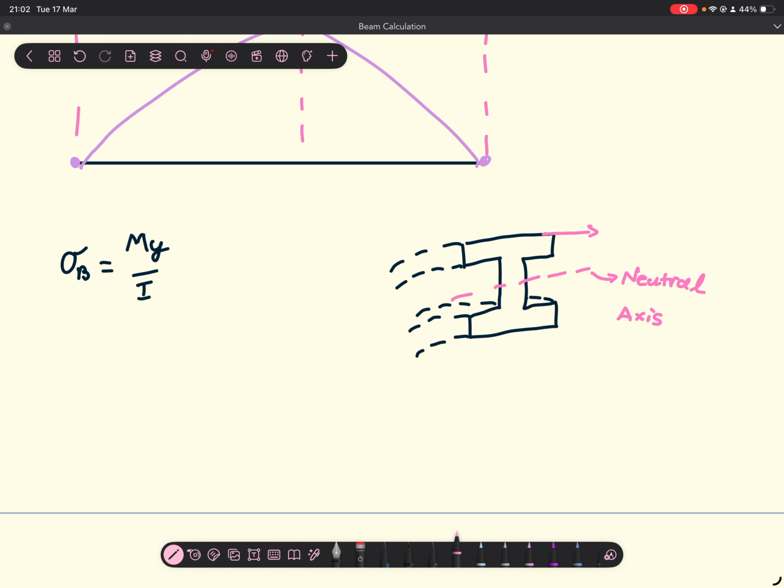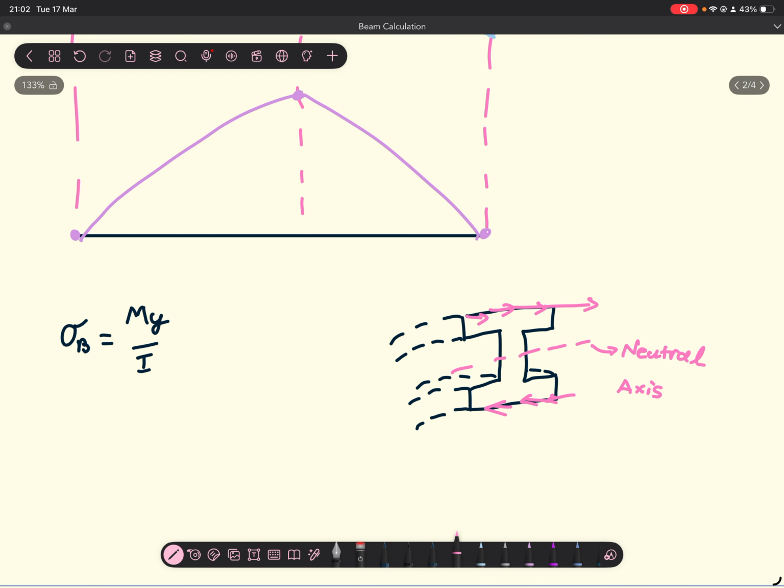At the top, you're going to have tension, and at the bottom, you're going to have compression, right? The point you're interested in is typically the point with tension, so this point over here, because things typically fail in tension.